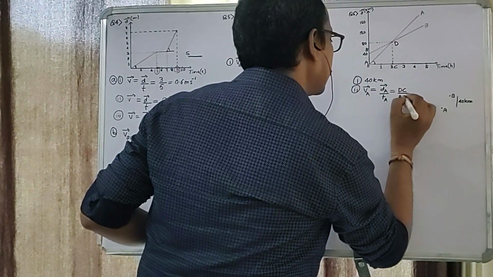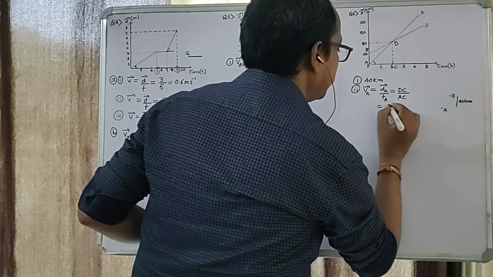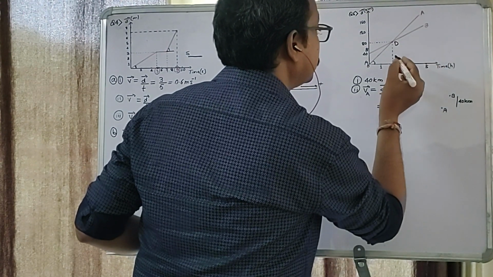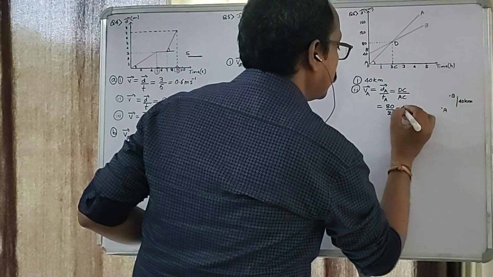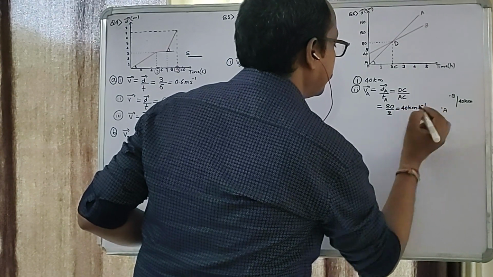DC is 80 and AC is 2, so it comes to 40 kilometers per hour.